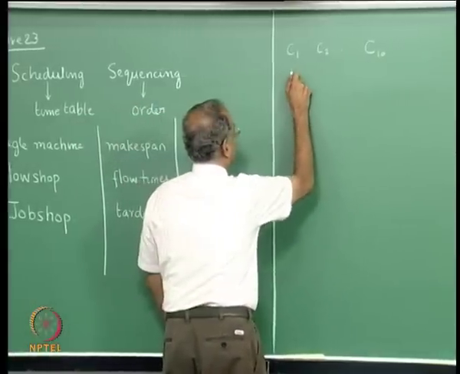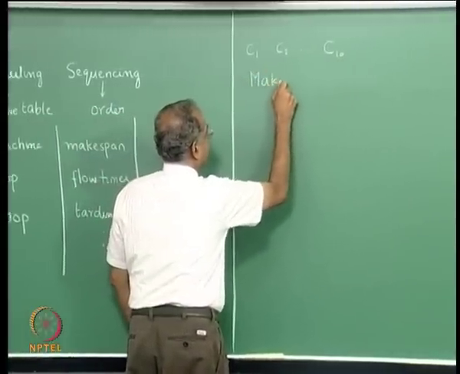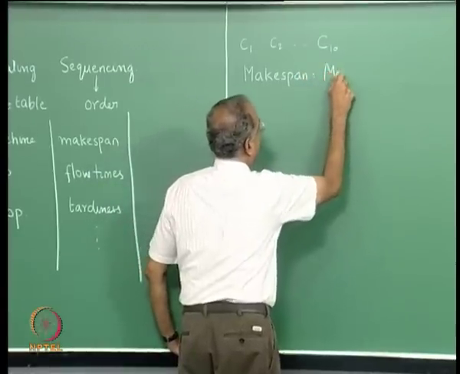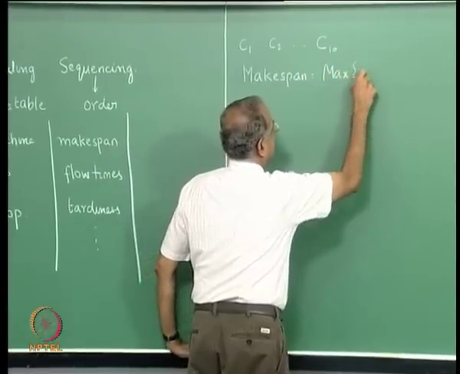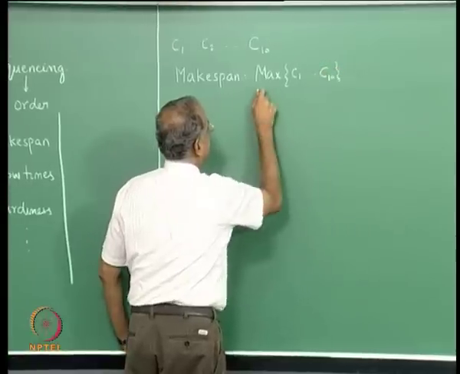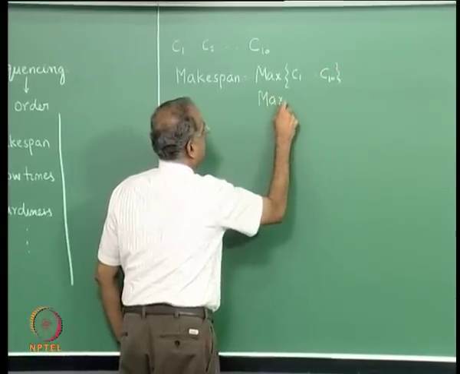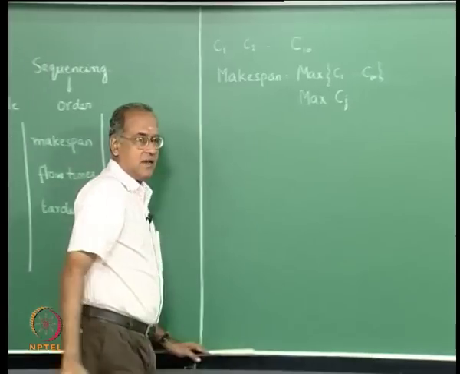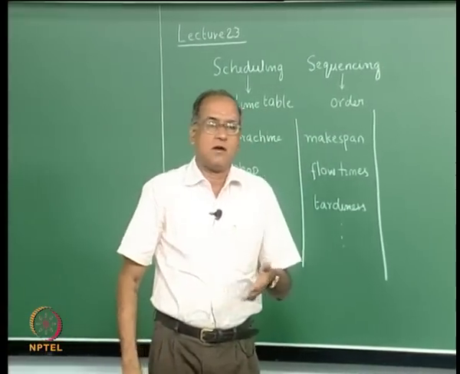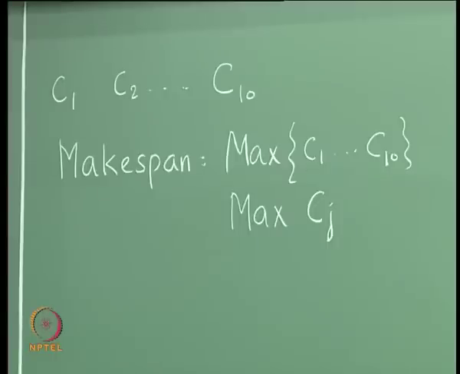So, Makespan is the maximum of the completion times C1 to C10, or in general the maximum of Cj, where Cj is the time of completion of job j.